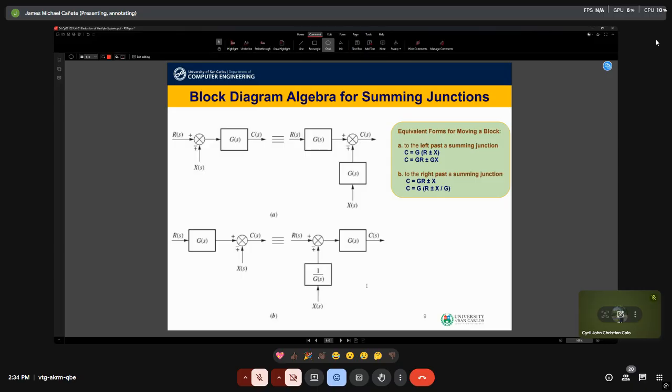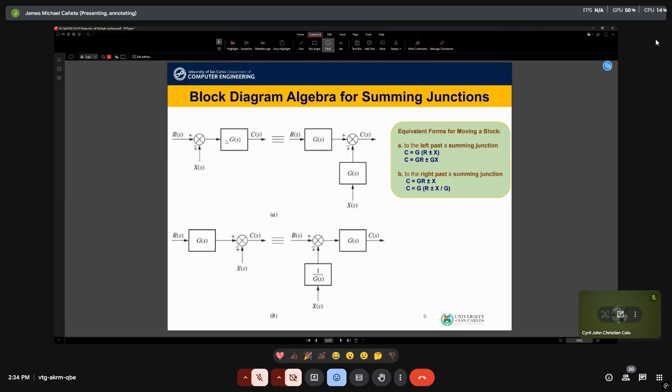So we start off. This is categorized according to the junctions, the summing junction and the pickup point. When you have a summing junction and there are blocks close to it, in figure 8, we have a block at the output, or at the right side, of a summing junction.